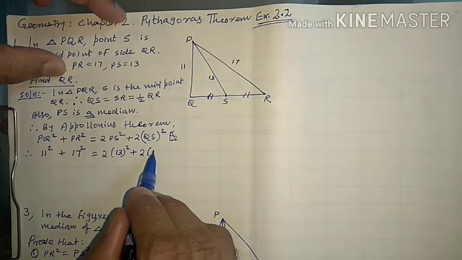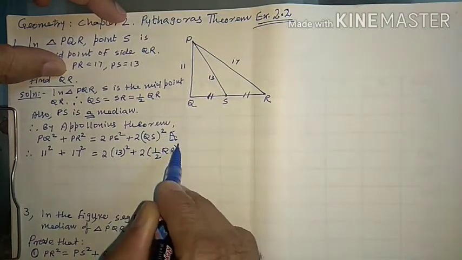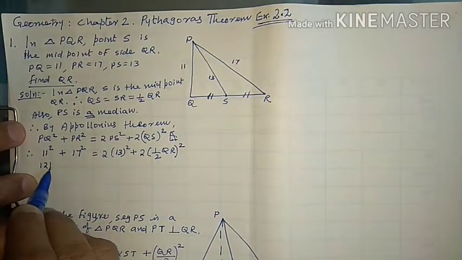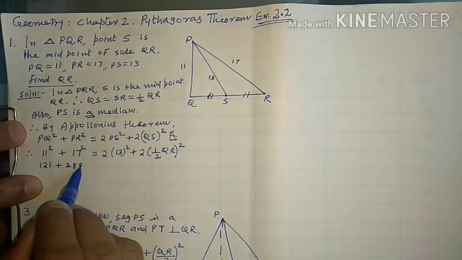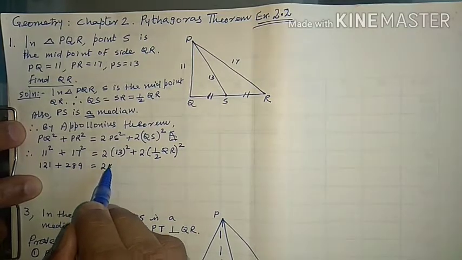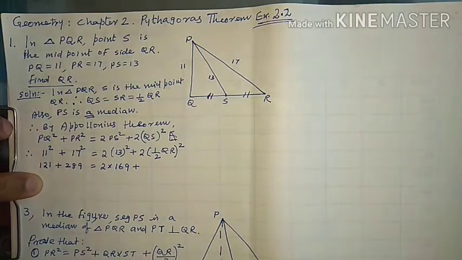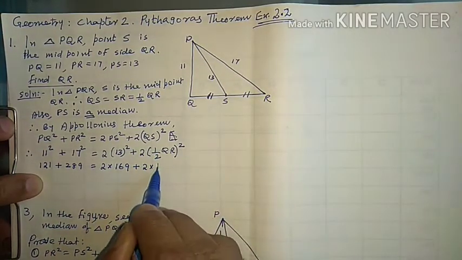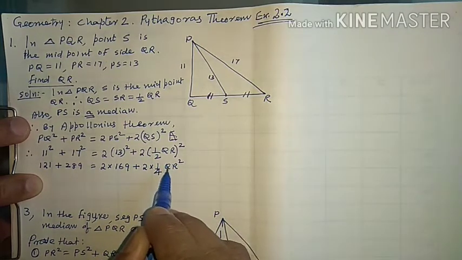So QS is half of QR, the whole square. 11 square is 121. 17 square is 289, equal to 2 into 13 square, which is 169. Plus 2 into 1 by 2 square, which is 1 by 4 into QR square.